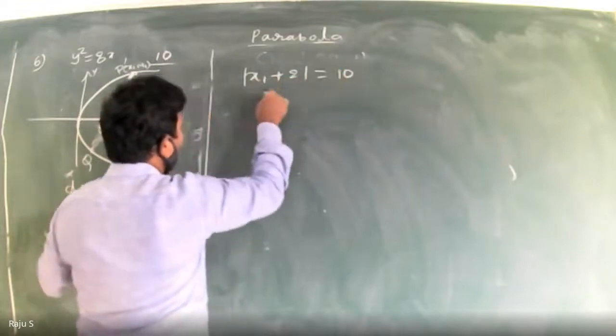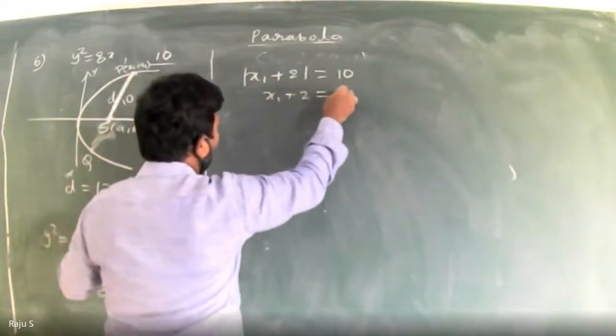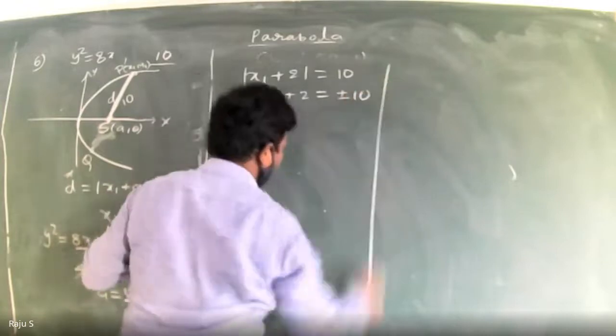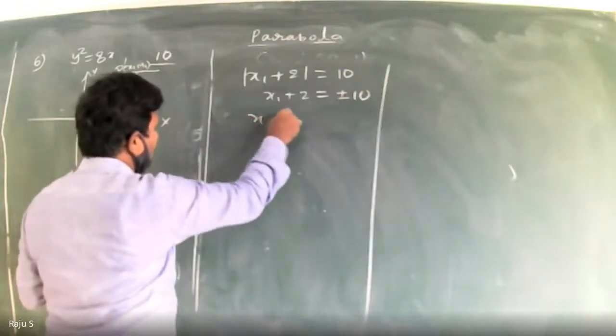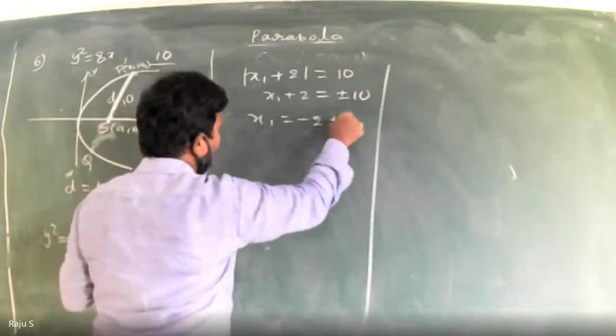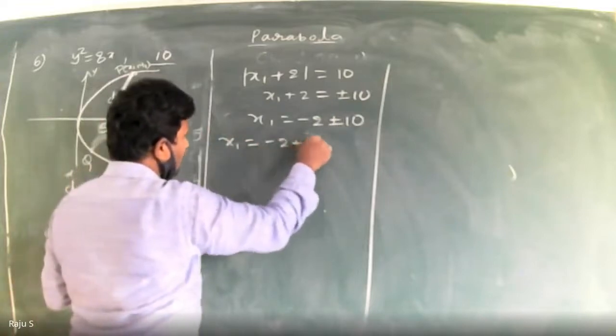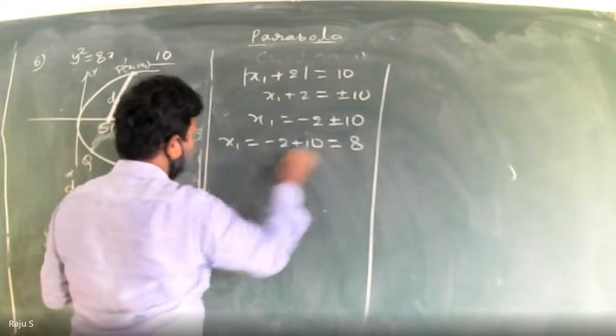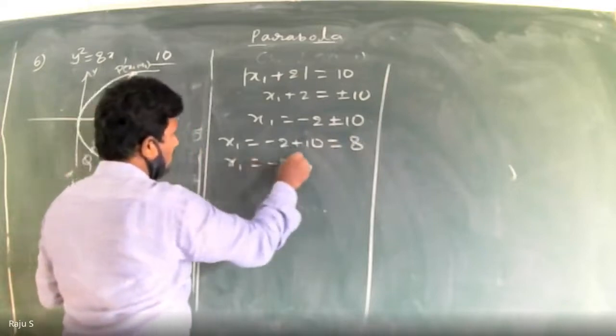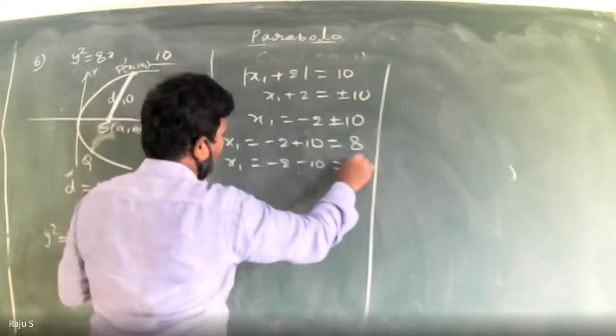When I remove the modulus, x1 plus 2 is equal to plus or minus 10. So x1 is equal to minus 2 plus or minus 10. Two cases will be there: x1 is equal to minus 2 plus 10, that is 8, and x1 is equal to minus 2 minus 10, that is equal to minus 12.